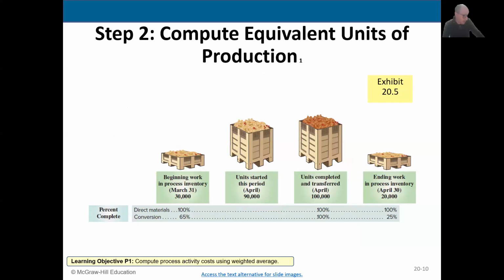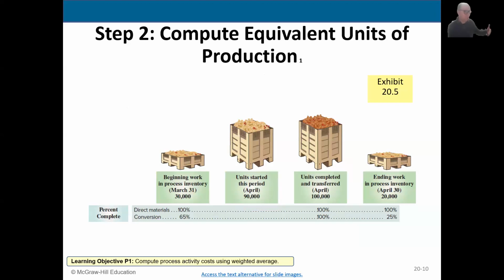This is where it gets complicated, so I'm going to take my time in explaining this process to you. Equivalent units of production is the number of whole units that could have been started and completed given the costs incurred during the period. In other words, when the month of April started and when the month of April ended, how many units could I have completed during that month?